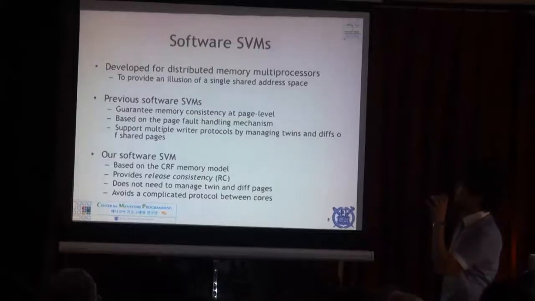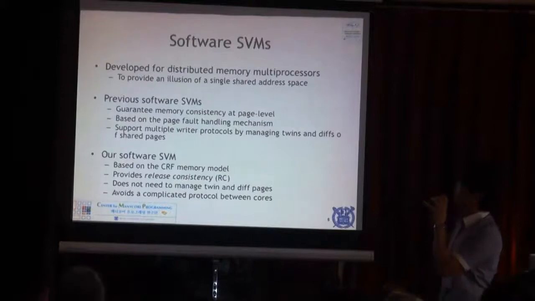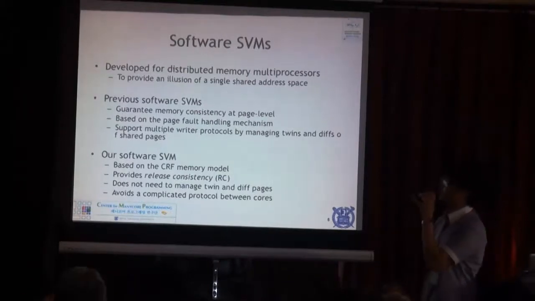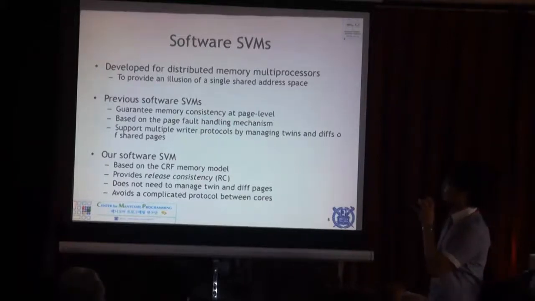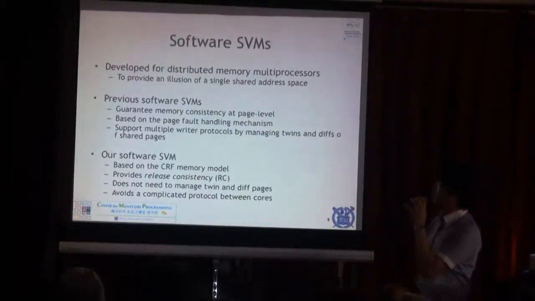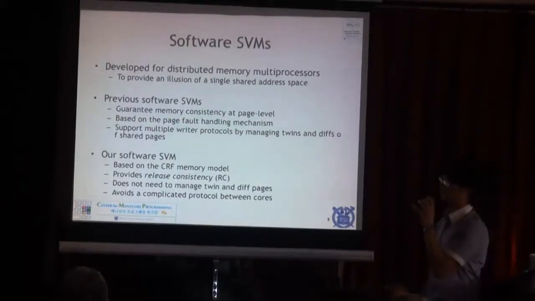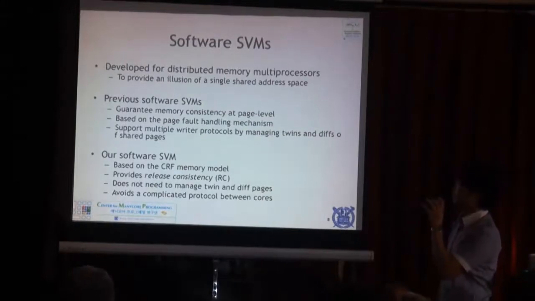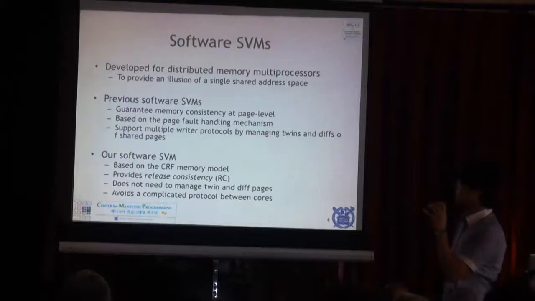Software SVMs were originally developed for distributed memory multiprocessors to provide an illusion of a single shared address space. Previous software SVMs guarantee memory consistency and coherence at page level. They are based on the page fault handling mechanism. In order to avoid page ping-ponging, they support multiple writer protocols by managing twins and diffs of shared pages.